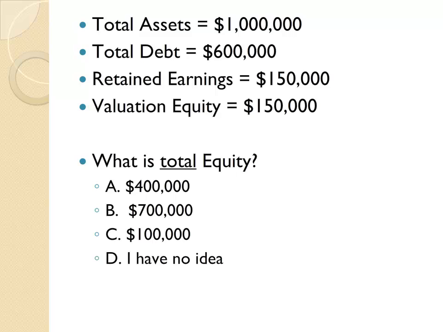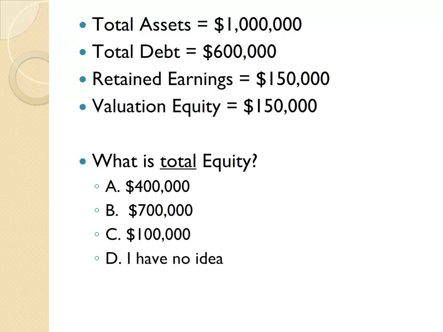Retained earnings, which is internally generated funding or internally generated equity from income that is retained in the business. So rather than being distributed to the business owners through family living withdrawals, a portion of income may be kept within the business, and that would be referred to as equity from retained earnings.